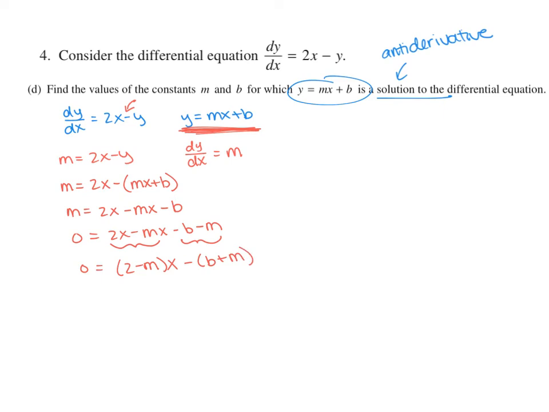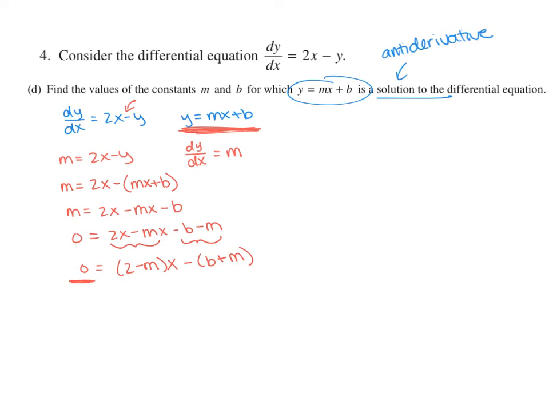The key here is that this has to be a true statement for all x. So it doesn't matter what x I plug in, this has to be a true statement. If 2 minus m times x minus b plus m, if this whole thing has to be true for all x and this whole thing is equal to 0, that's important.